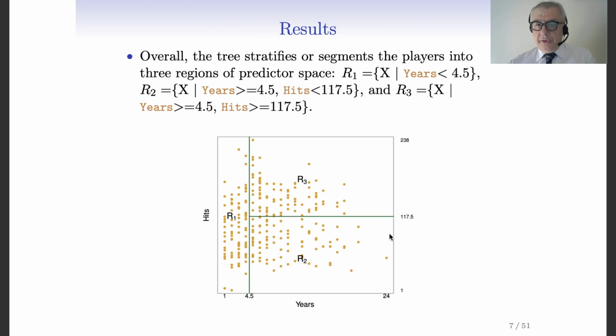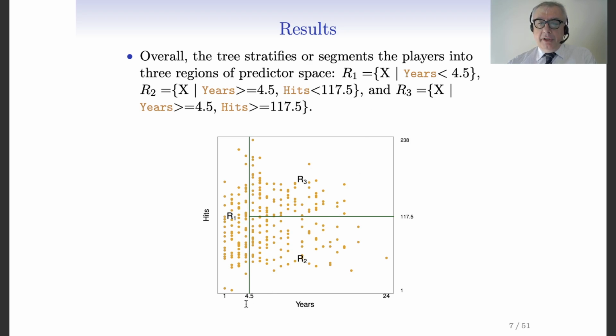Here you can see again our tree represented on the scatter plot of the data. Here you would need a 3-dimensional scatter plot, and as a matter of fact, in the first plot we had different colors to suggest the 3rd dimension. The 3rd dimension is the response, that is the wage of the players.